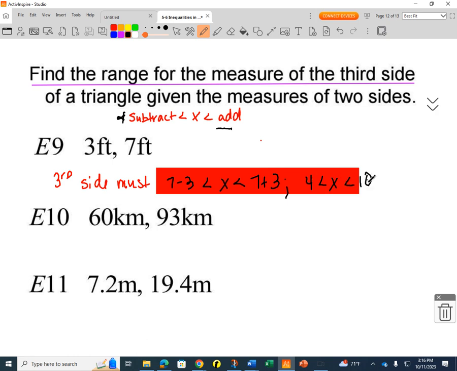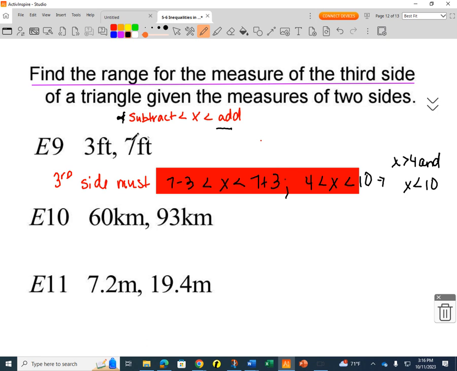But remember what that means. That means that x, or the length of the third side, has to be greater than 4, and it has to be less than 10. So any number, not 4 and not 10, but any number in that range, would work as the third side to make a triangle with these two sides.